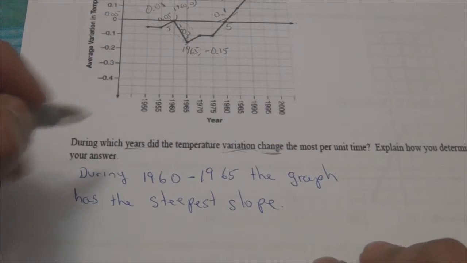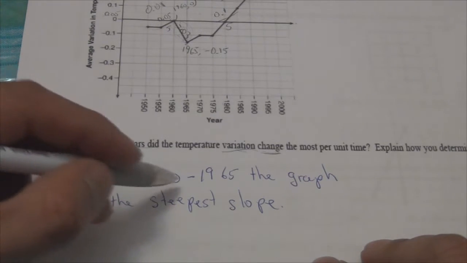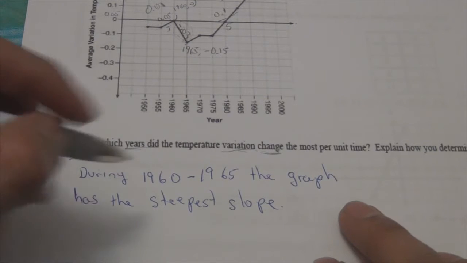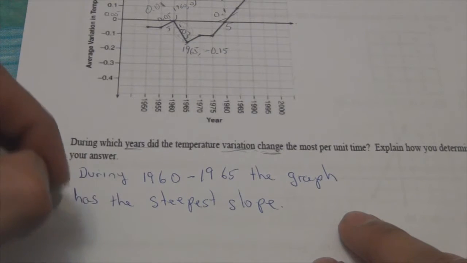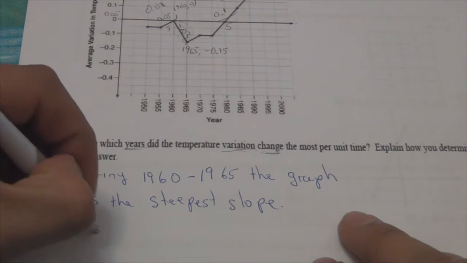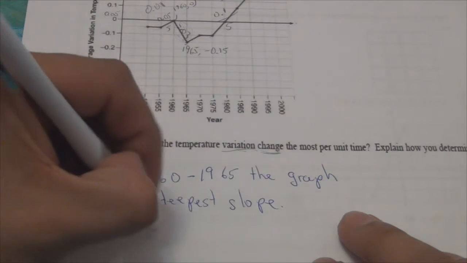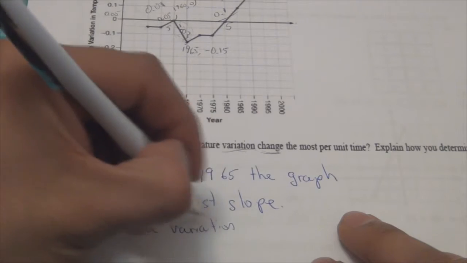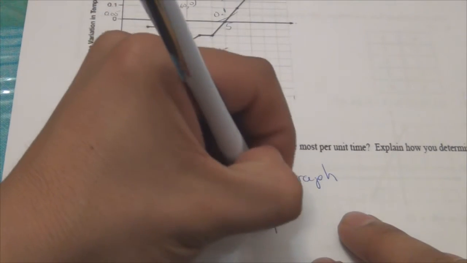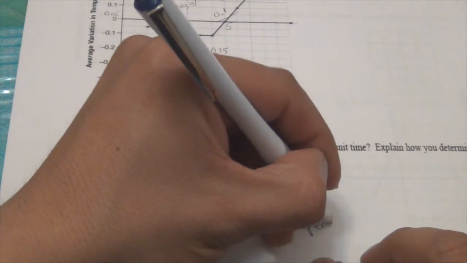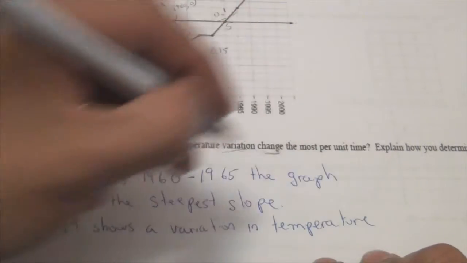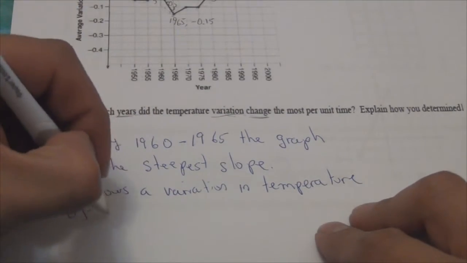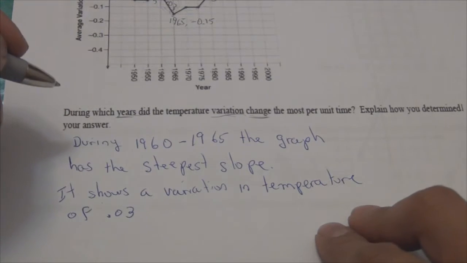Easy. Then you're right. During 1960 to 1965, the graph shows a variation in temperature of 0.03.